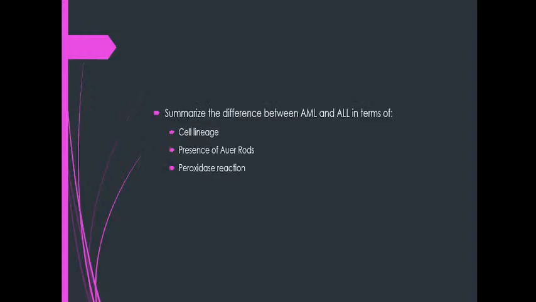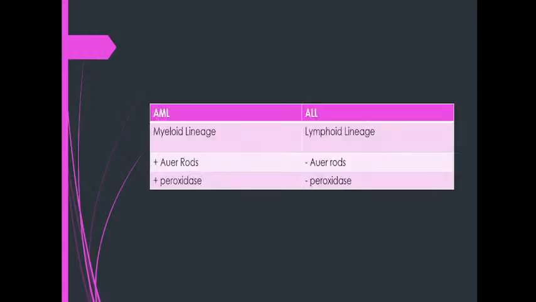Now, we need to summarize the difference between AML and ALL in terms of lineage, the presence of Auer rods, and peroxidase reaction. These are the three key factors that can differentiate AML from ALL. AML is of myeloid lineage, hence the term acute myeloid leukemia, and ALL is of lymphoid lineage, hence the term acute lymphoid leukemia.